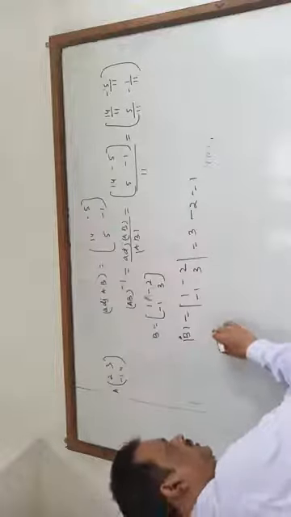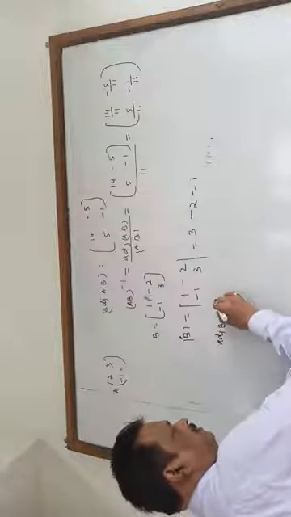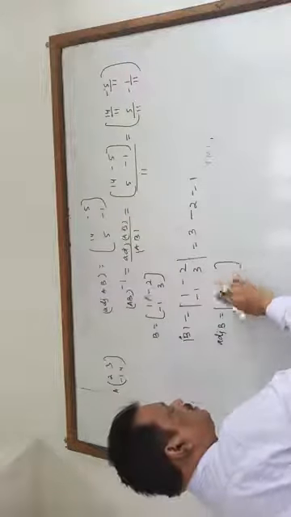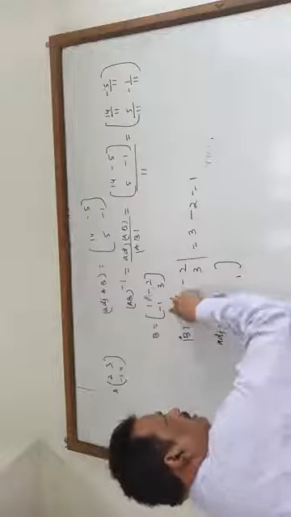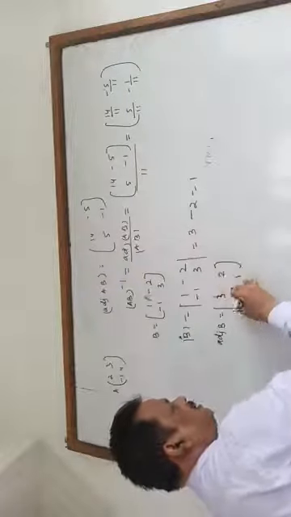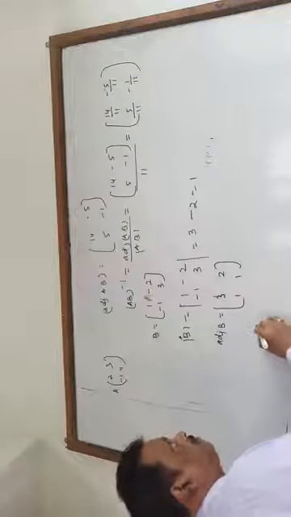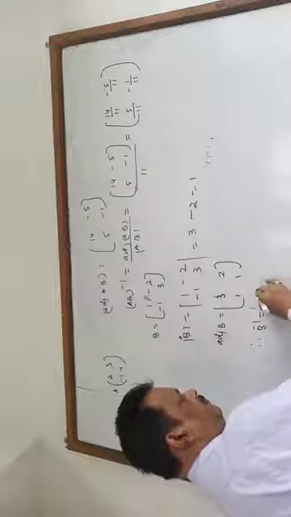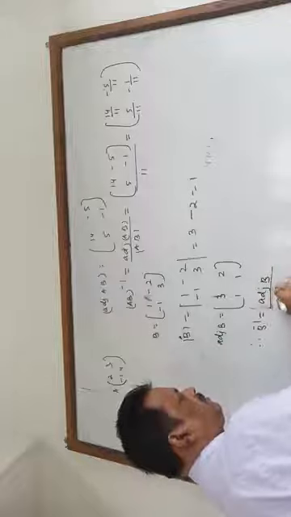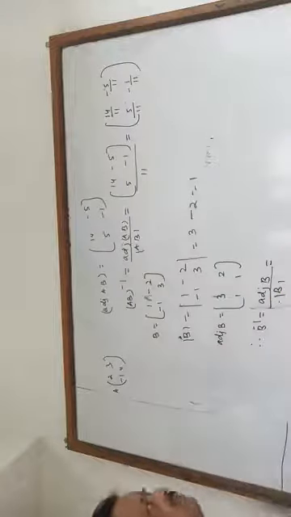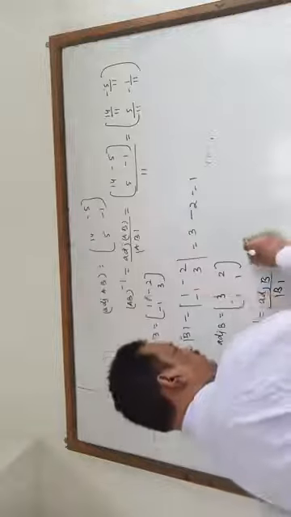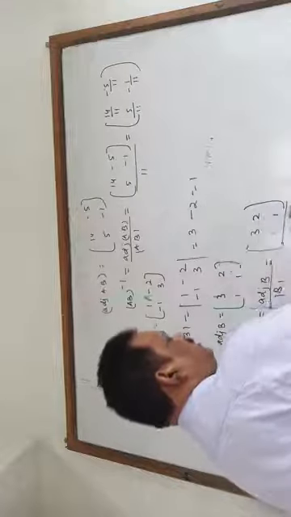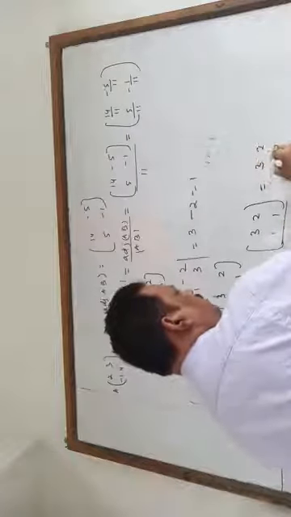Adjoint of B, what you have to do? Interchange the place, 3 1. Change the sign, this is 2, this is 1. Therefore, B inverse equals adjoint of B by determinant of B. The adjoint of B is 3 2 1 1, divided by determinant of B which is 1. So that is 3 2 1 1.